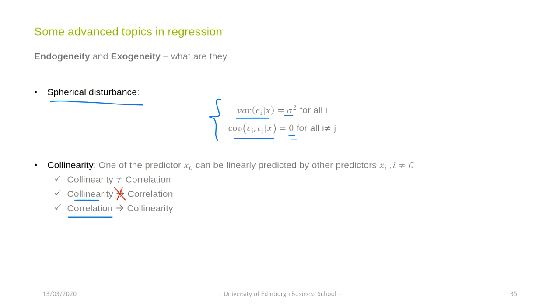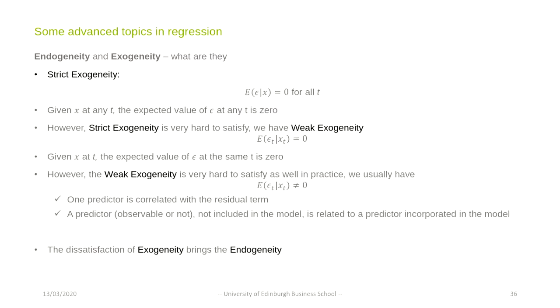The next one is the most important one, called strict exogeneity. Strict exogeneity basically means the mean of the error term across all t, given any of the x, should be 0. But the problem is that strict exogeneity is very hard to satisfy, so we might change this a little bit.